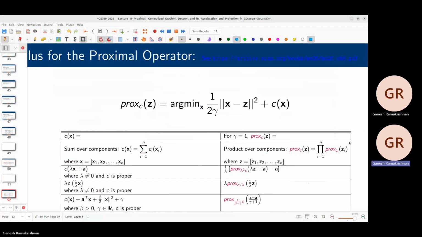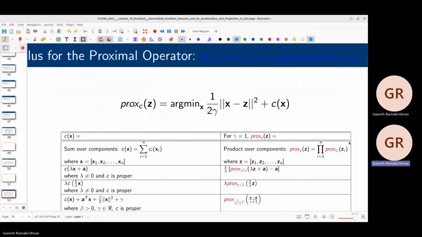If you take a sum of indicators, what does a sum of indicators mean? A sum of multiple constraints means intersection, right? You want all of them to be satisfied. So the product ensures that all of them are getting satisfied. The second is if you make a lambda x argument, a linear transformation of the argument, there's a simple scaling.